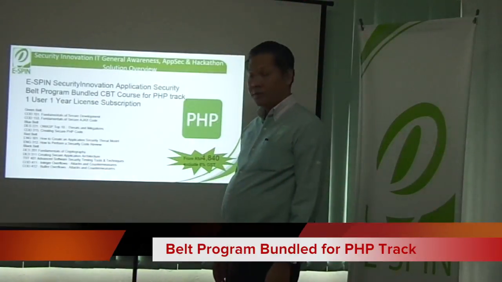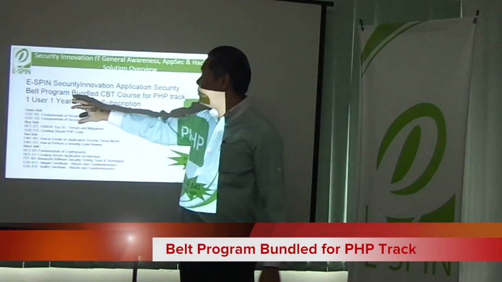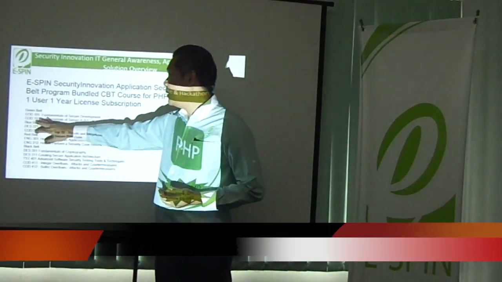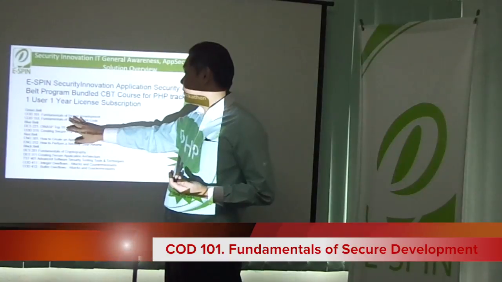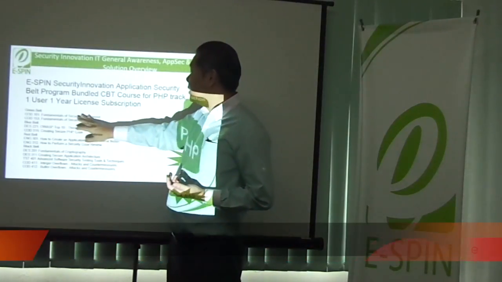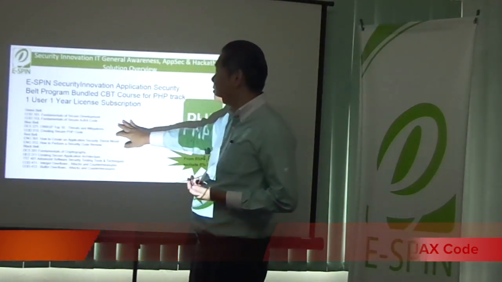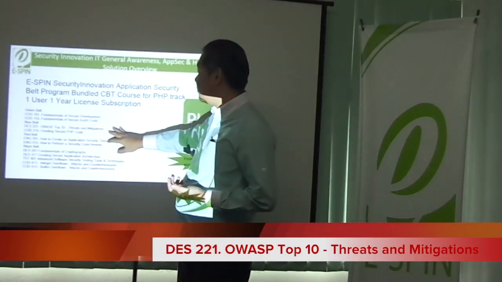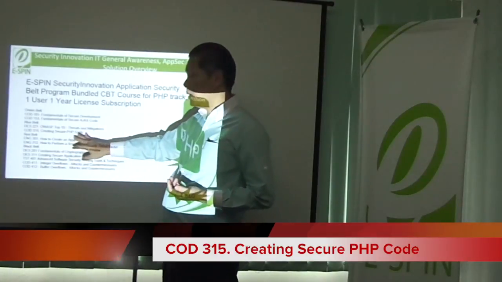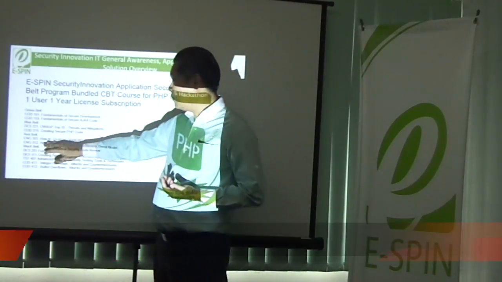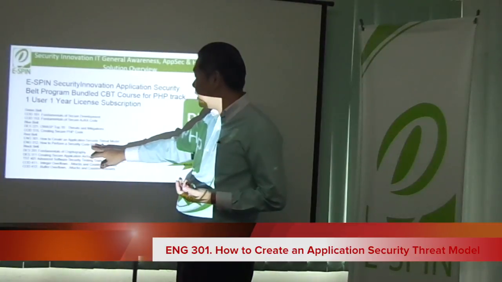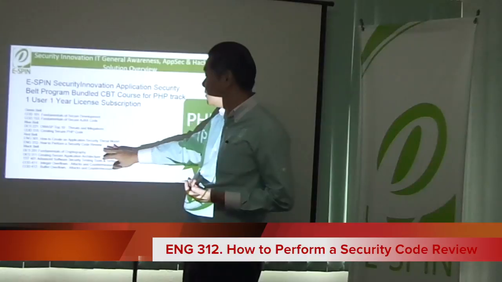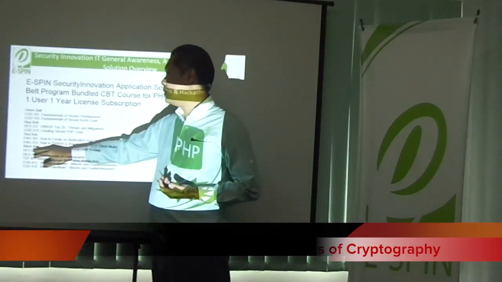For PHP, this is the build program bundle. So we have, for green build, you will start from the foundation of secure development, foundation of secure Ajax code, then you continue to blue build to the OWASP top 10 threat and manipulation, create secure PHP code, then we continue to red build, how to create an application security threat model, how to perform a security code review, then you will go into the black build.